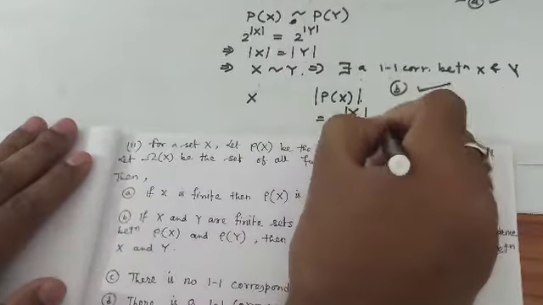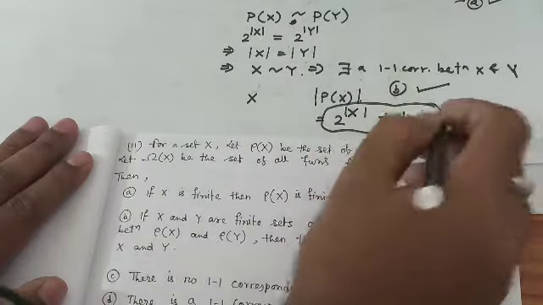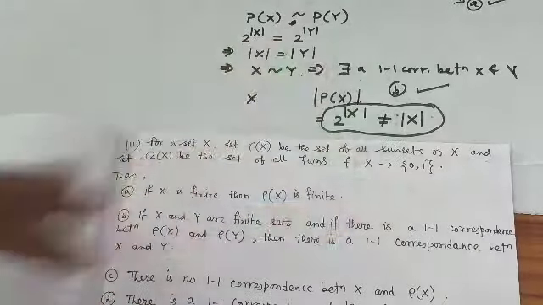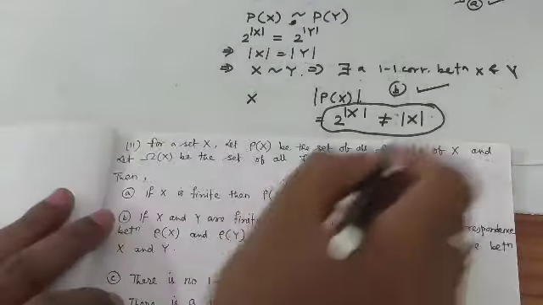In fact, this one is not equal to the cardinality of X. So there is no question of getting any 1-1 correspondence between X and P(X). Exactly, option C is saying the same thing. So option C is going to be the correct one.